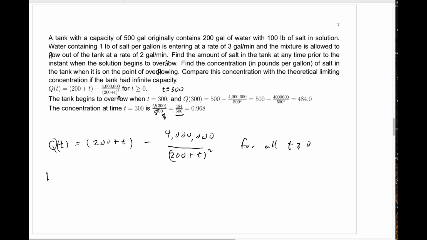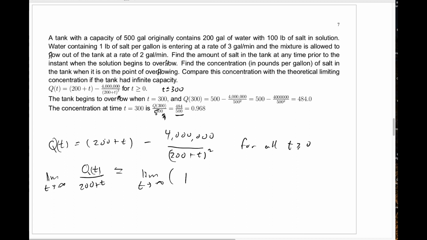What would be the limit as t approaches infinity of the concentration, which would be q of t divided by 200 plus t? Remember, 200 plus t is the volume of the tank at time t. Well, that would just be the limit as t goes to infinity. Q of t over 200 plus t is easily seen to be 1.